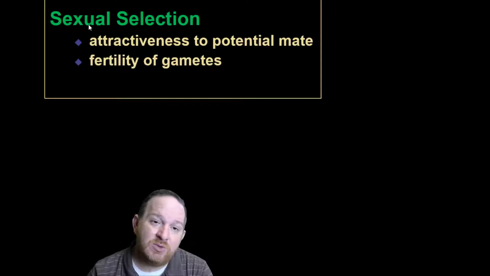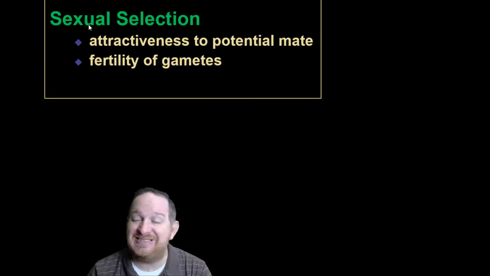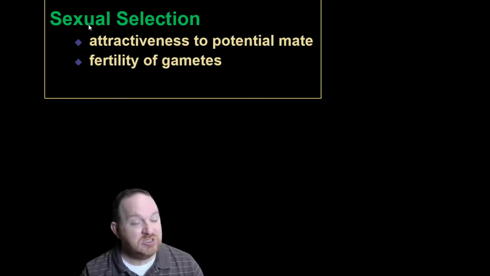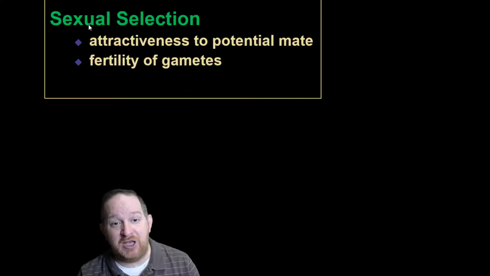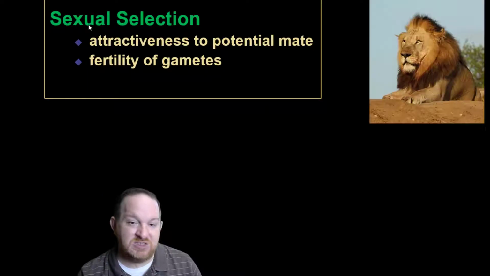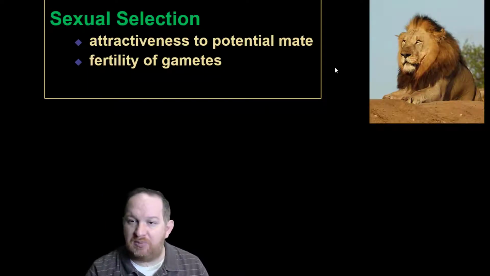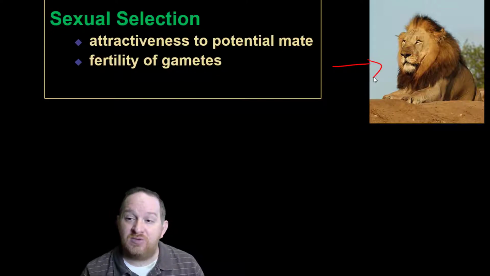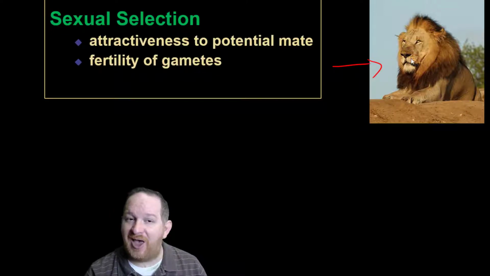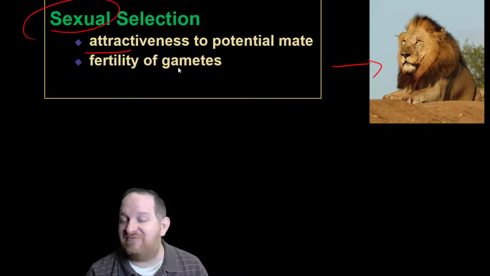And then the last one we want to talk about here is sexual selection. Sexual selection is about how one mate is found attractive by another mate, and it can also include how fertile the gametes are. If you look at the picture of the alpha lion, believe it or not, there are certain traits on this lion that females find more attractive and will prefer to mate with.